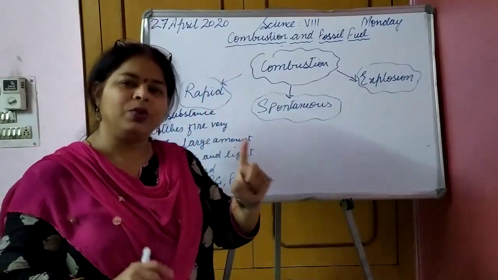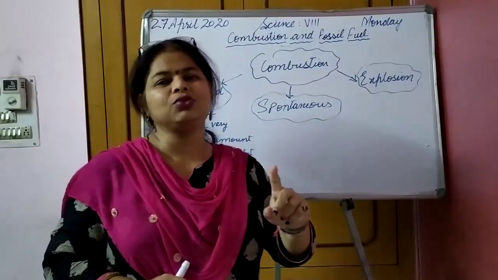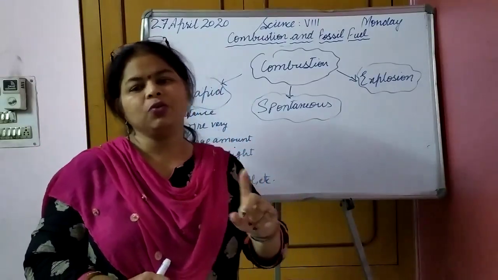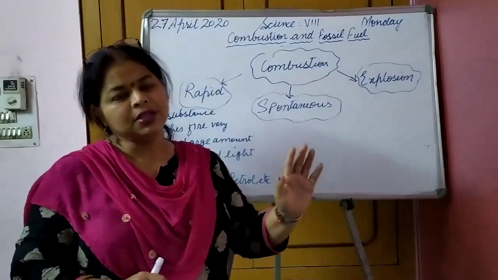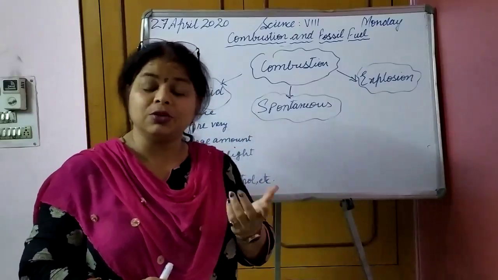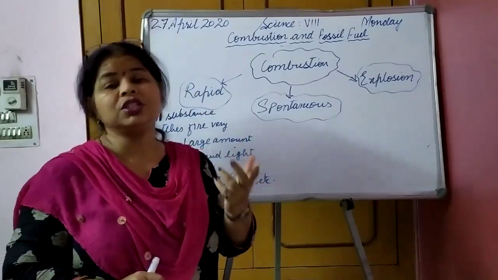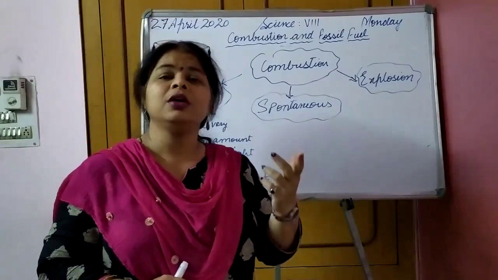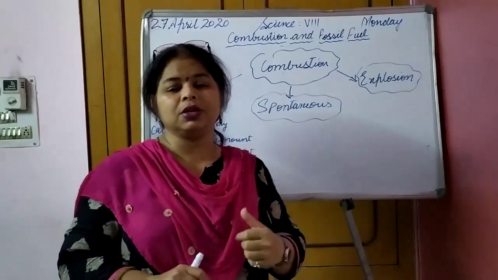Remember, in this we are not giving any external source of heat or light. We are not burning anything, but the substance starts burning on its own, and produces a large amount of heat and light. So such type of combustion will be called spontaneous combustion.